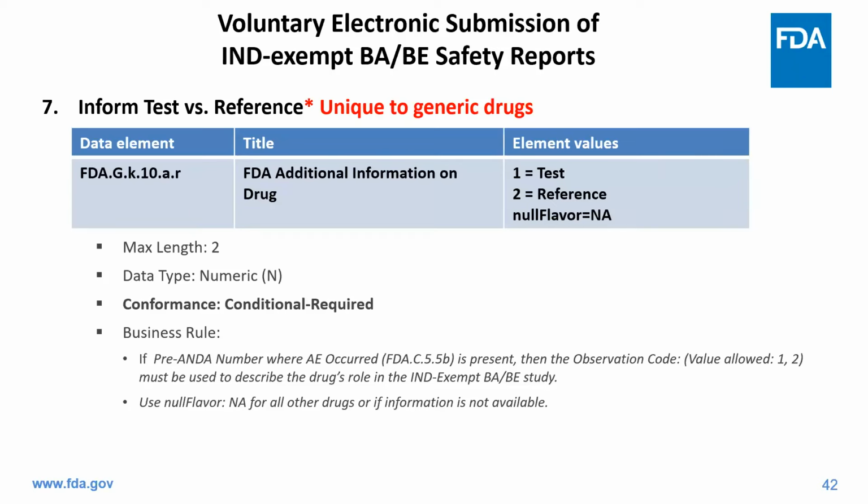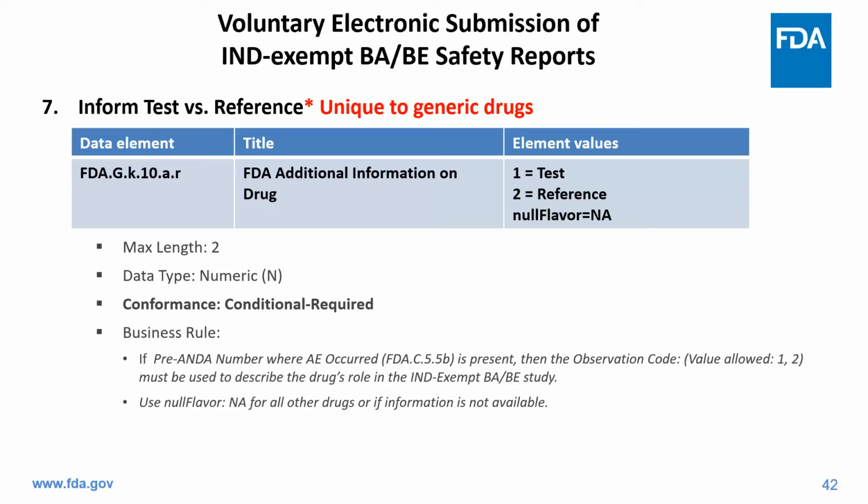One for the test, two for the reference, or NA for all other drugs or if information is not available. This data element is unique for the OGD and an important one for us to understand the correct drug exposure and reviewing the pre-market safety reports from BABE study that compares the generic test drug to the reference product already in the market.